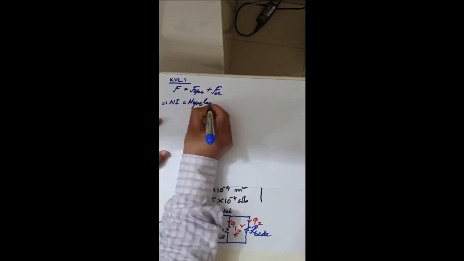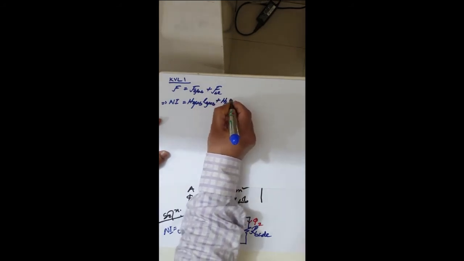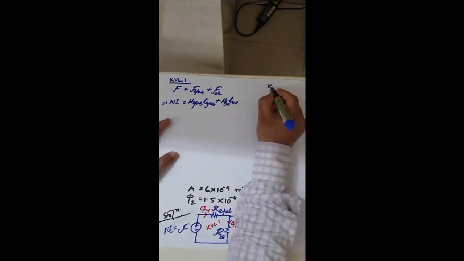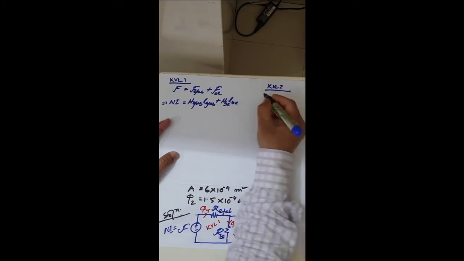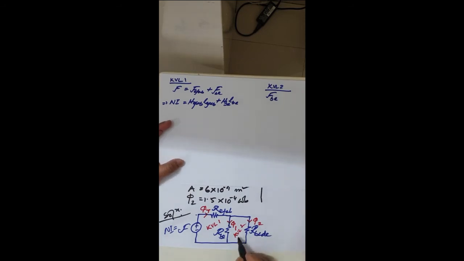H_EFAB L_EFAB plus H_BE L_BE. This is KVL 1 you can have, and KVL 2 gives you the H_BE L_BE. KVL 2 is this one, and KVL 1 we have written already.